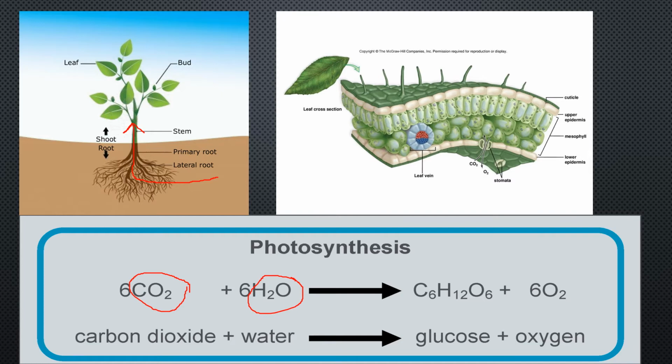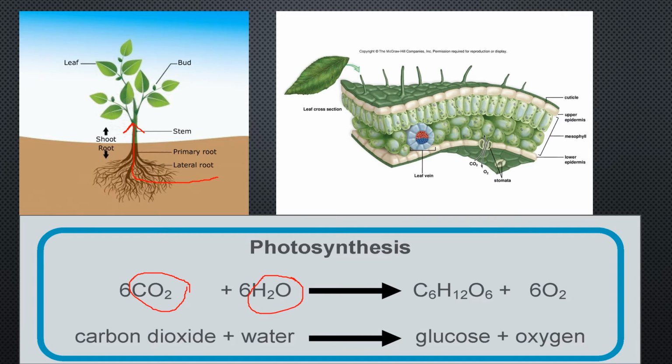And so the places where we're going to accomplish photosynthesis are going to be those places where we can get solar energy the easiest. And so obviously that's not going to happen in the roots because that's below ground. So it needs to take place in those tissues that have pigments that are able to capture the sunlight.